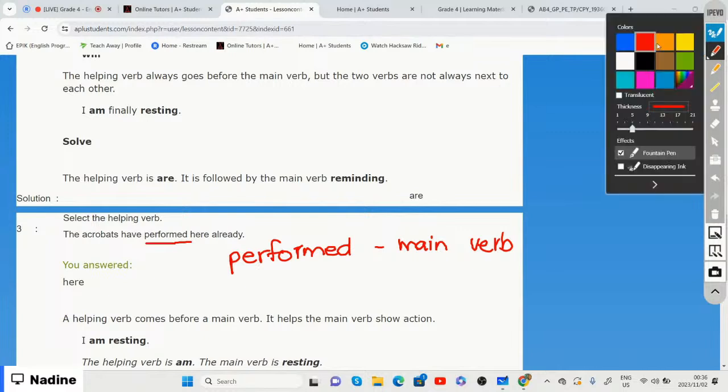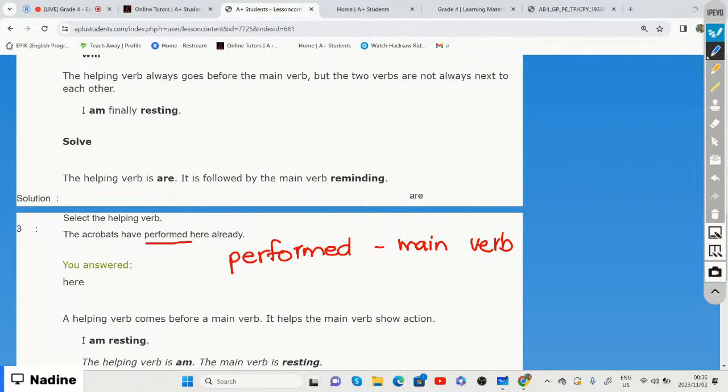And if we identify the helping verb, what is our helping verb within the sentence? If the main verb is performed, then what is the helping verb within that sentence?